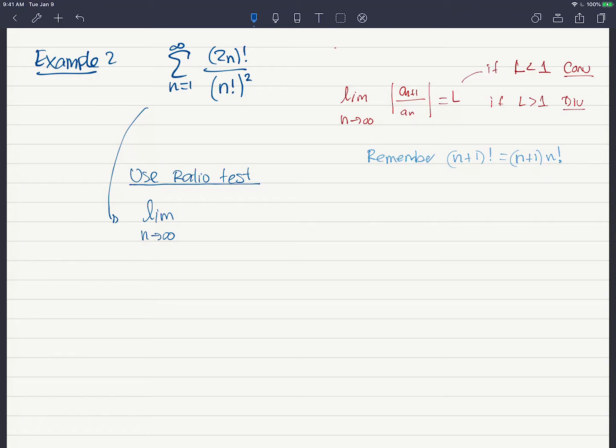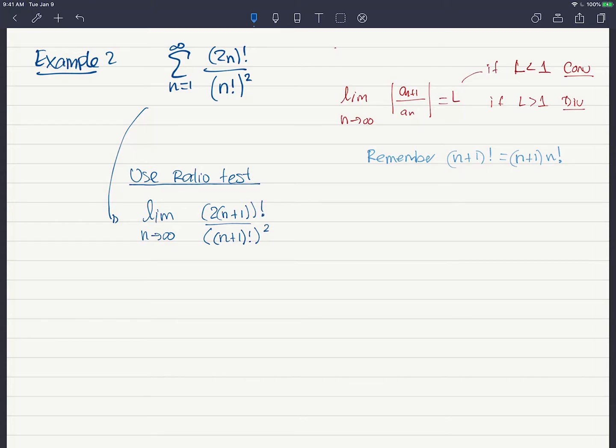The only thing I have to be careful about is that this is not the n plus 1 term. The bottom doesn't even make sense; you have to put a parenthesis around it, and after that, it's squared. And the top is wrong because it's not (2n+1) factorial. It's 2 times (n+1), factorial.